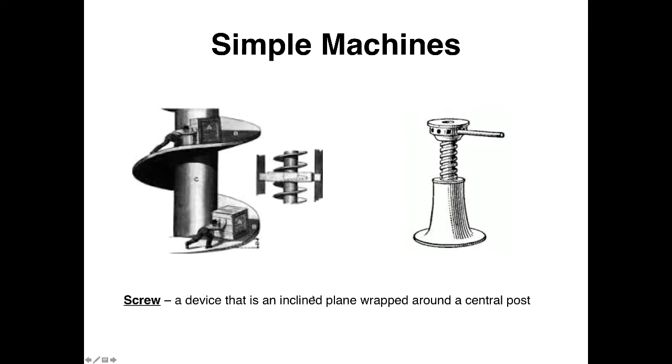So a screw is a device that has an inclined plane wrapped around a central post, and the IMA is the circumference of the screw, which is the input distance, divided by the pitch, which is the distance between two threads, which is the output distance.